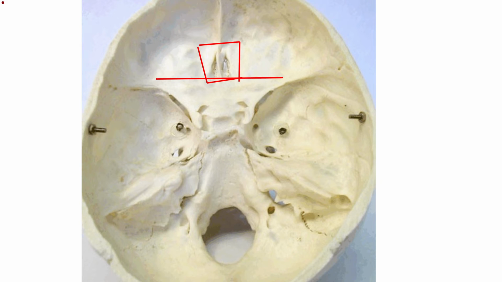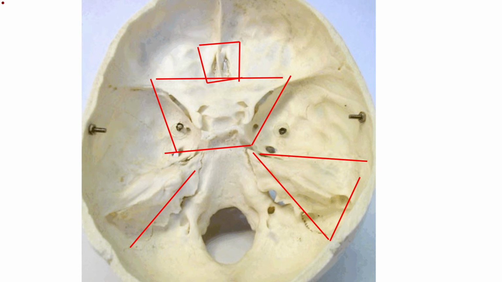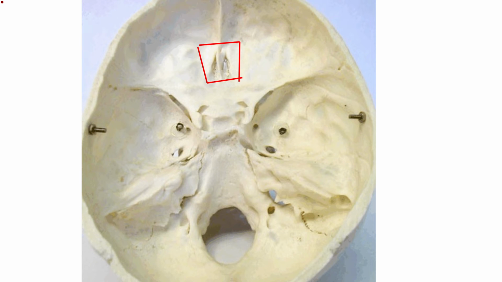This is still part of the sphenoid bone. This is part of the temporal bone. I'm not going to focus on that. Again, there are a number of openings here, and we'll look at other pictures with some color coding for that. But there are a couple things I want to look at on this ethmoid and sphenoid.